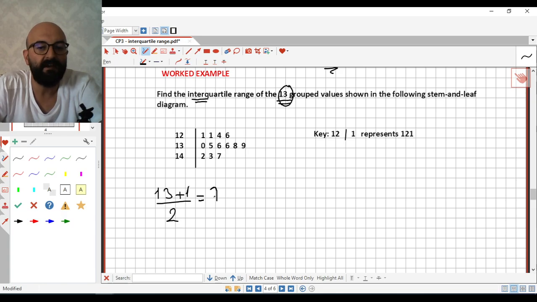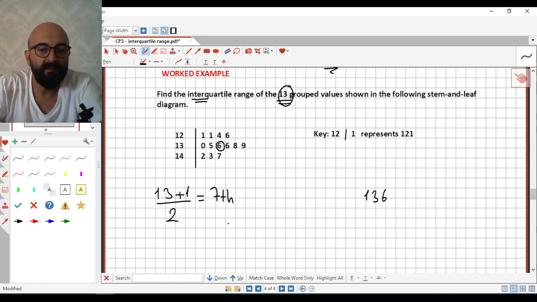So the seventh value is the median: 1, 2, 3, 4, 5, 6, 7. This is the median.